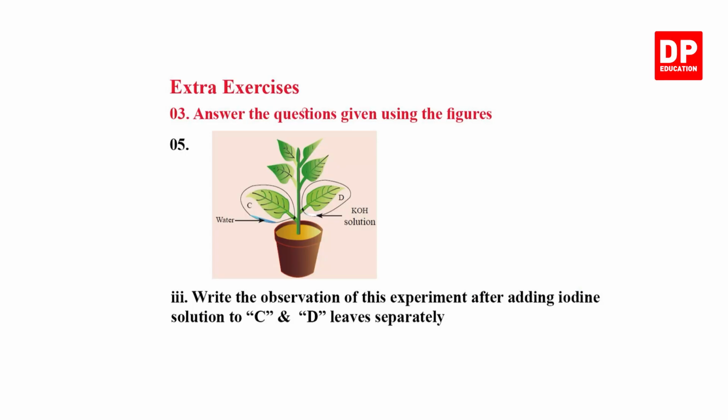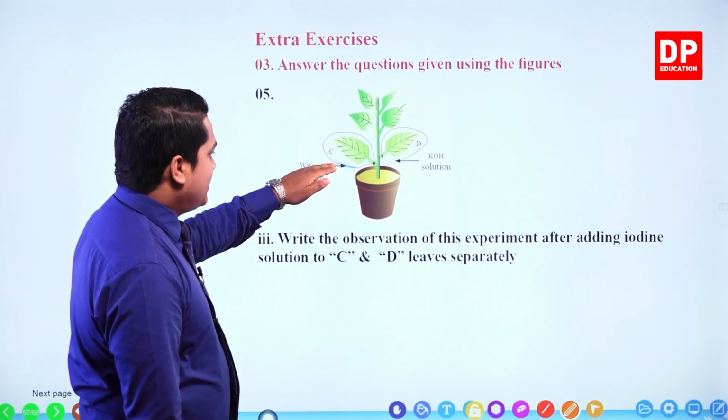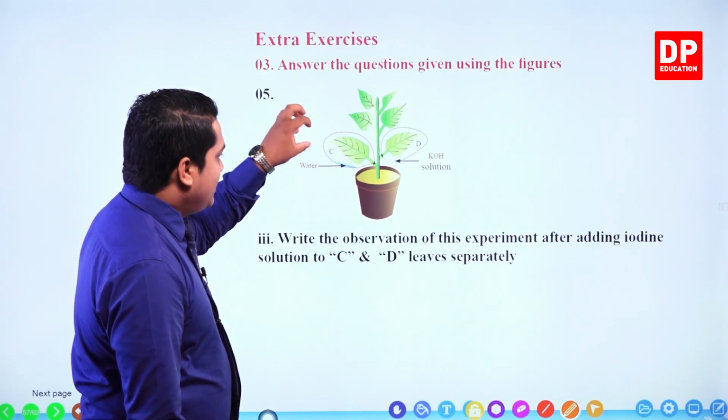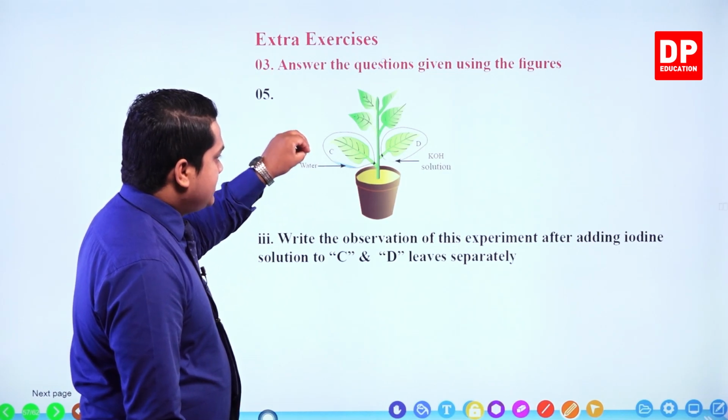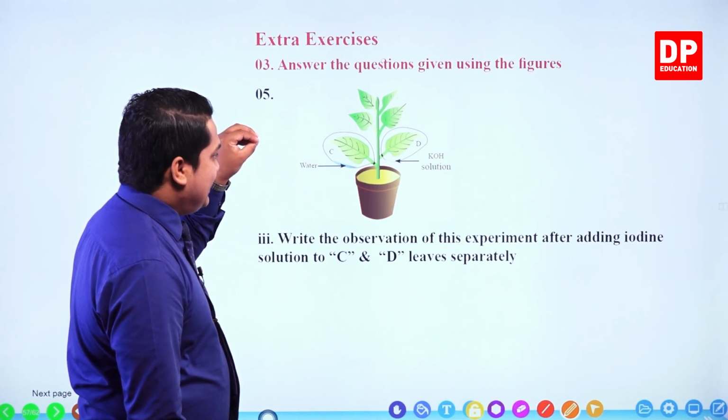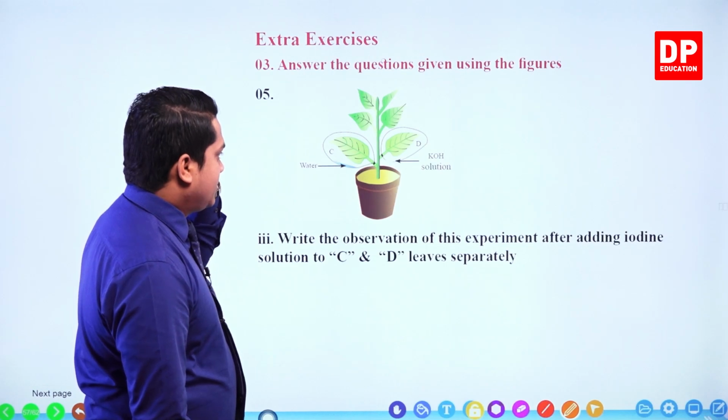Right then, next one. Write the observation of this experiment after adding iodine solution to C and D leaves separately. Now in C leaf, my dear children, the factors essential for photosynthesis are available.